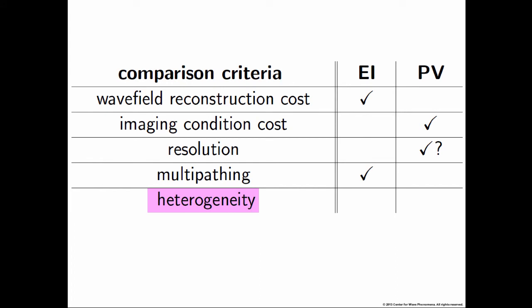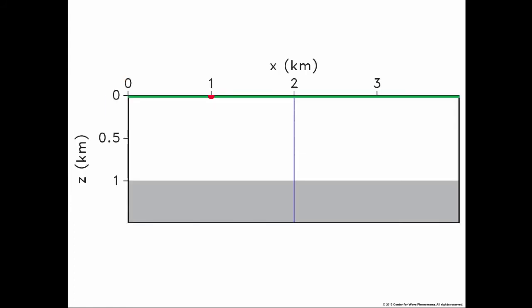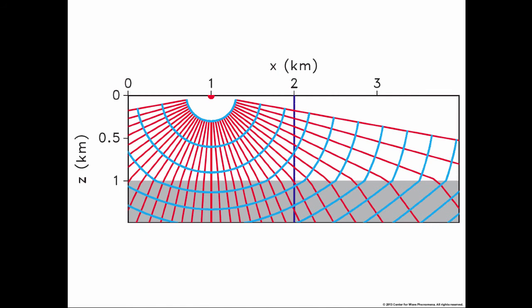Okay, so for the last topic, local heterogeneity in the model. To analyze this, I construct a model that has a sharp velocity contrast. And there is one source at 1 kilometer and one CIG location indicated by the blue line. And when I propagate my waves, they will bend into the second layer.